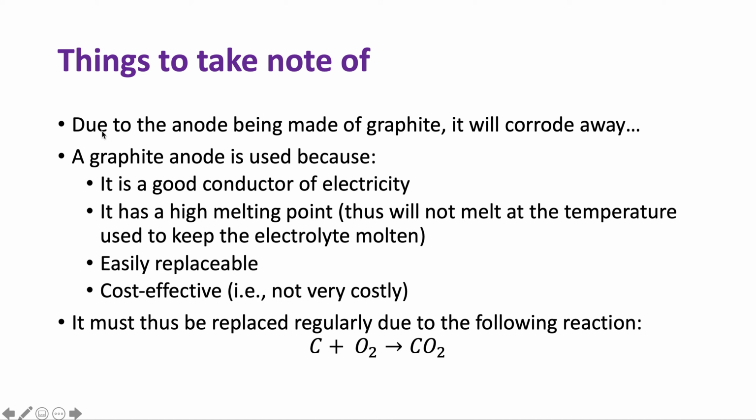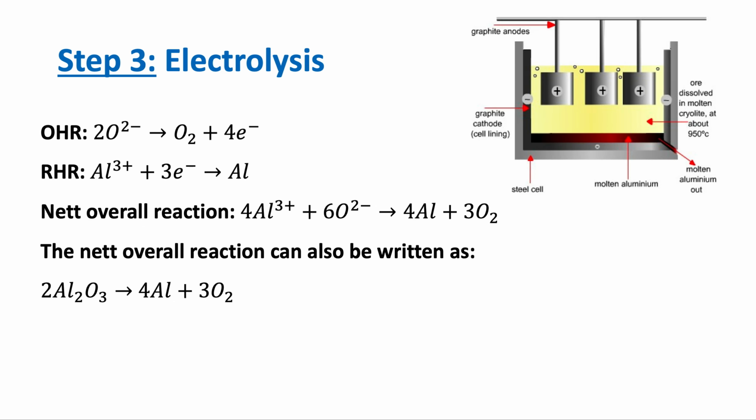Now, due to the anode being made of graphite, it will corrode away, and it must be replaced regularly because of this reaction here. So carbon reacts with oxygen gas to produce carbon dioxide. Now, what happens is that oxygen gas is produced at the anode. We can see here the bubbles are depicted.